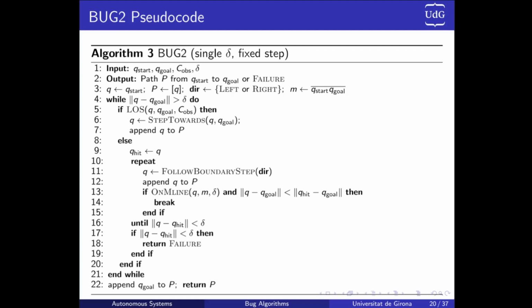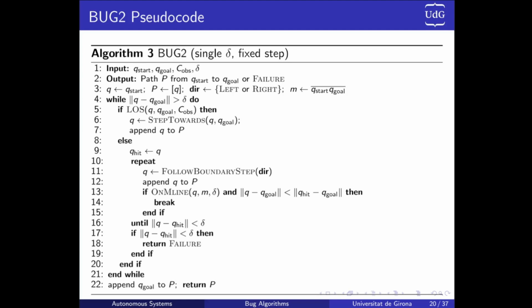And then if we are on the M line, and again, this is the very important condition, and the distance from the current position Q to the goal, the modulus of the vector Q minus goal, is smaller than the distance between the hit point and the goal, then we are closer than we were at the hit point.